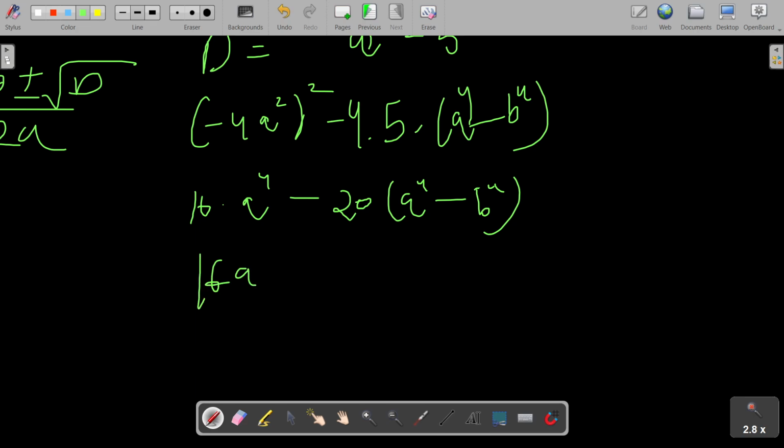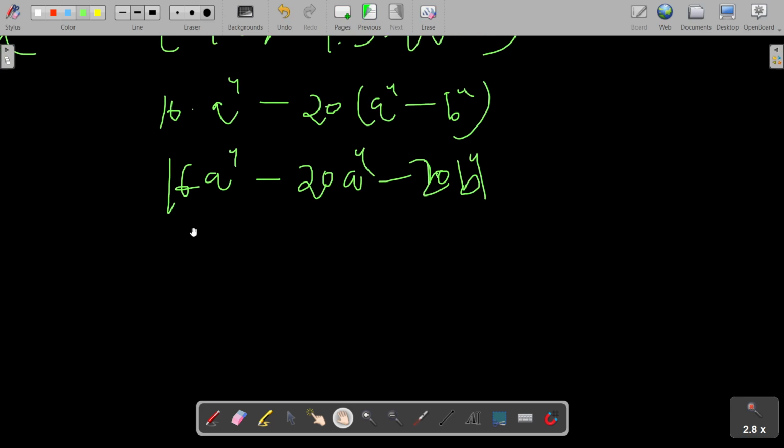So let's simplify this. 16a to the 4 minus 20a to the 4 minus 20b power 4. 16 minus 20 is negative 4a power 4 minus 20b power 4. We can factorize this, or we can take negative 4 common.